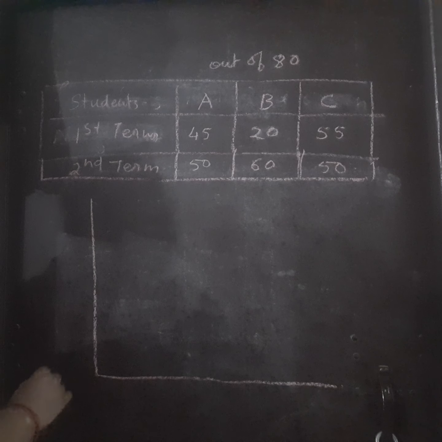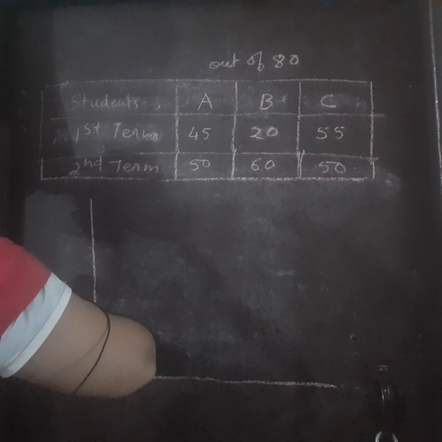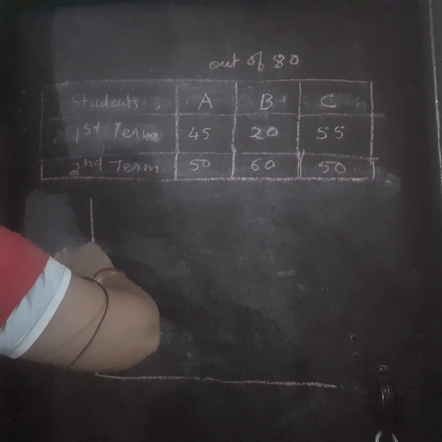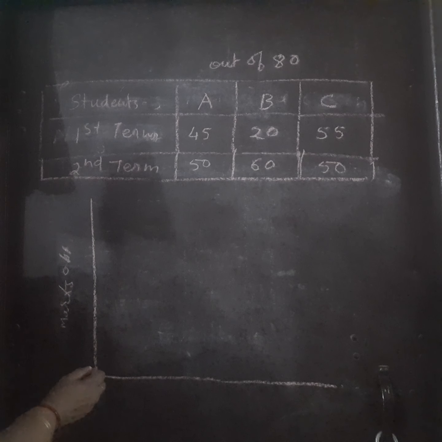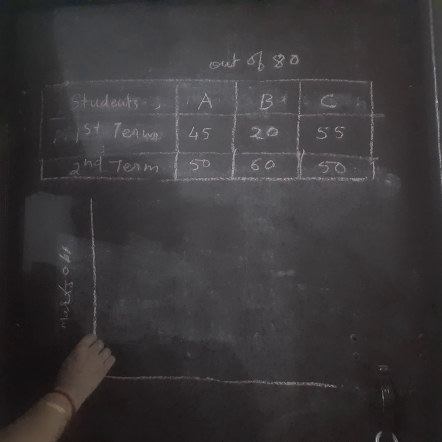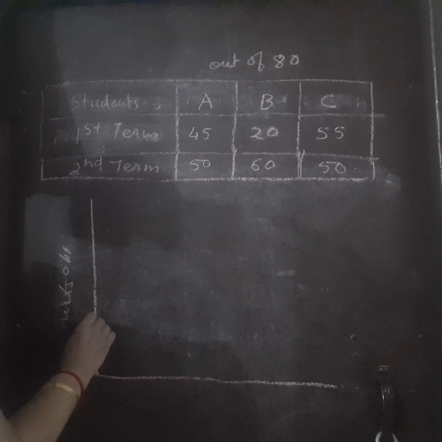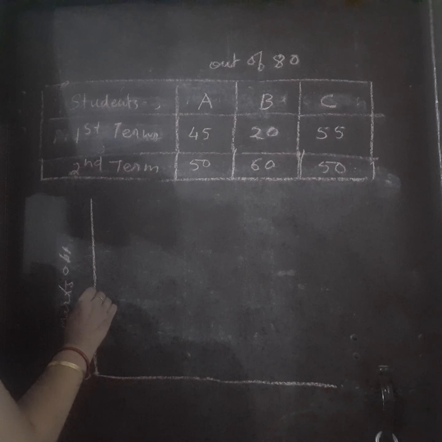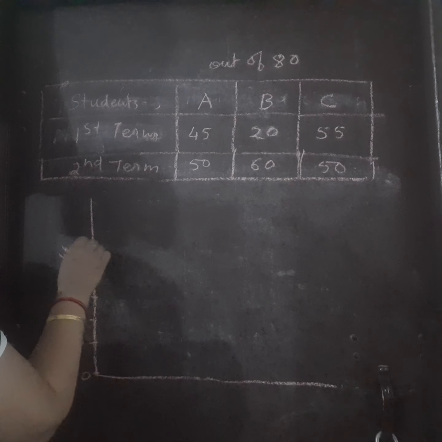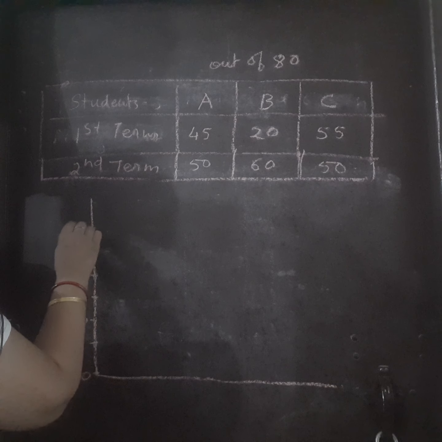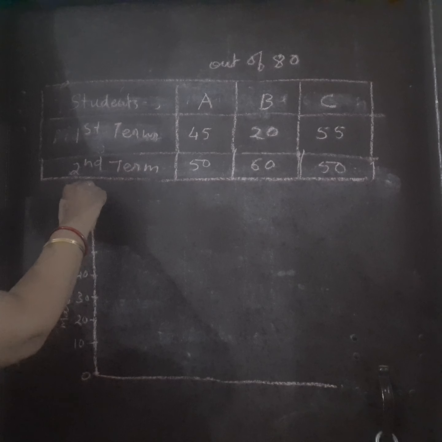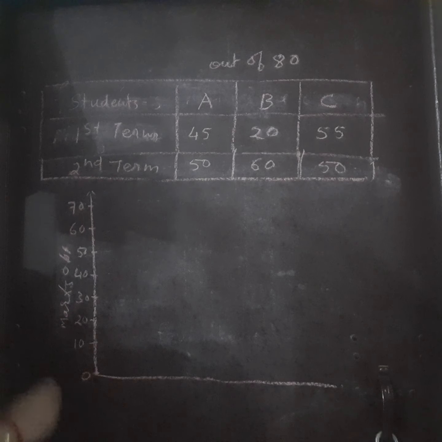On the vertical line you will show marks obtained, and it will be divided as first 0, second division 10, then 20, then 30, then 40, 50, 60, 70. So this is the vertical line showing the marks obtained.